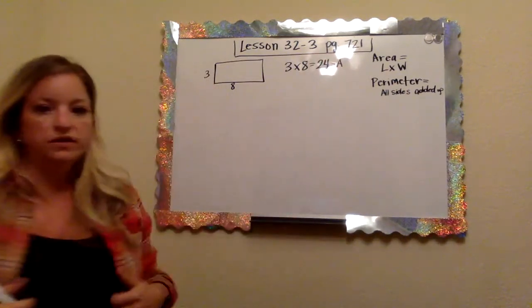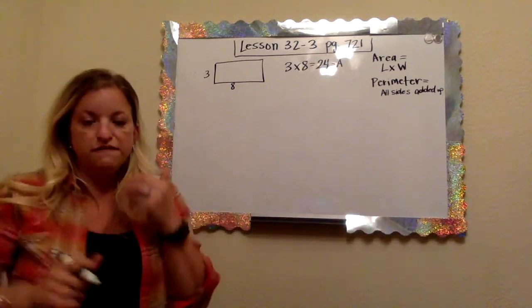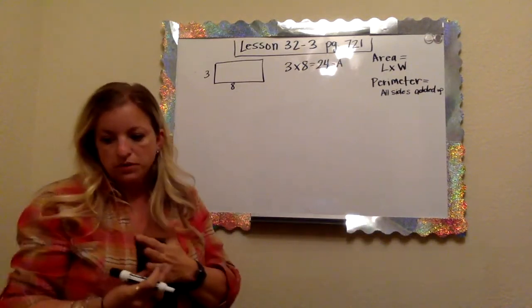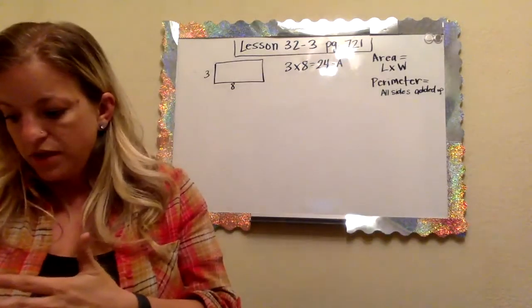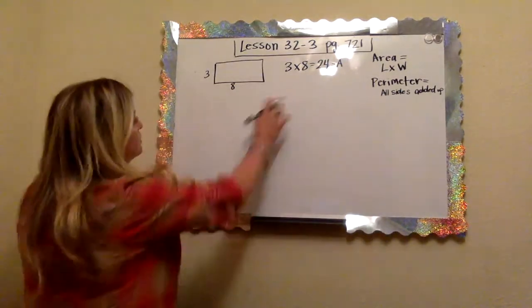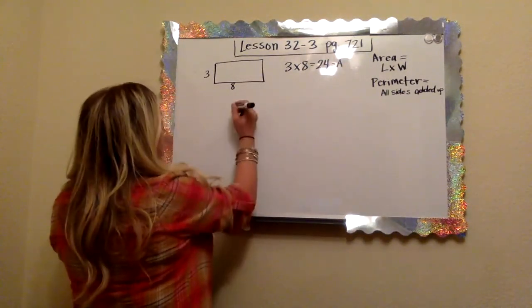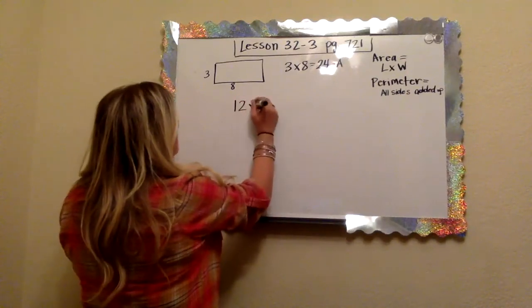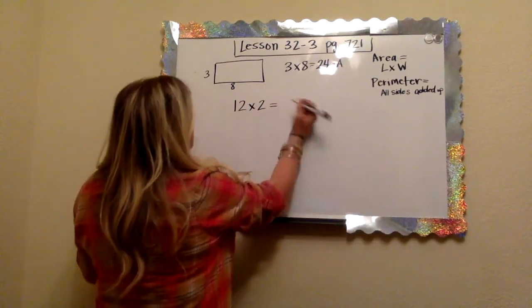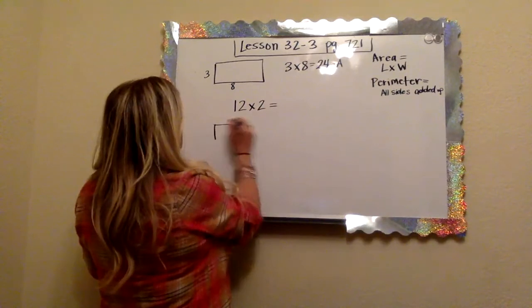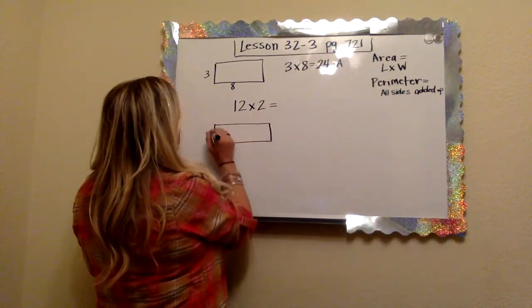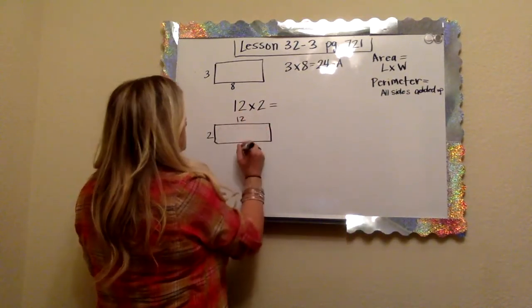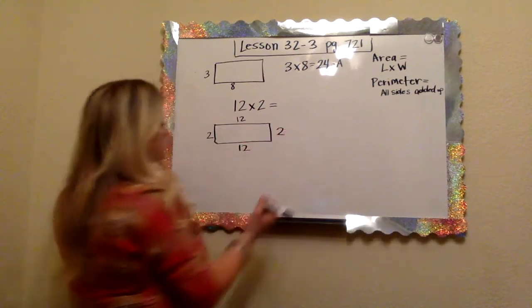So now that you know the area, you need to find factors of that to be able to find the perimeter. So 24 could also be 12 times 2. So 12 times 2 would look like 2, 12, 12, and 2.